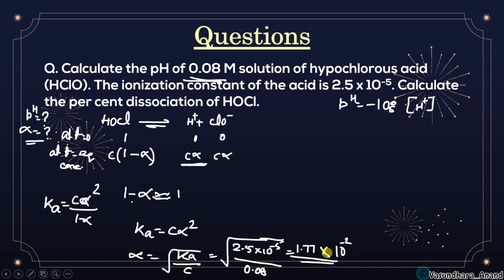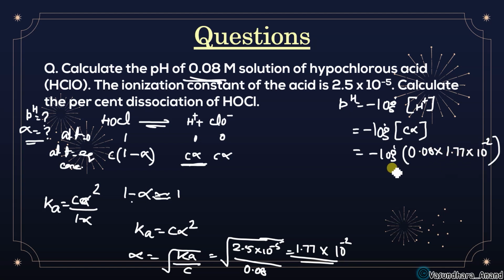So for pH you want the H plus concentration, which is C alpha. So we can write minus log C alpha, with C equal to 0.08 and alpha equal to 1.77 into 10 to the power minus 2. You just solve this and you will get 1.41 into 10 to the power minus 3.